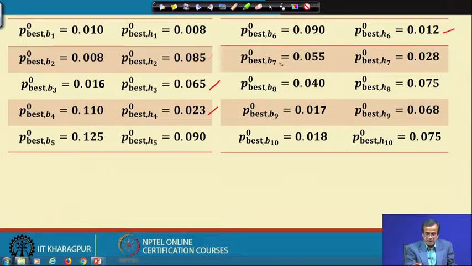Then comes Pbest,B7,0, Pbest,H7,0, Pbest,B8,0, Pbest,H8,0, Pbest,B9,0, Pbest,H9,0, then Pbest,B10,0 and Pbest,H10,0. That means whatever random values we assigned in the first iteration, we now assign as the best values for each of these design variables, and that is why we can assign the personal best for each design variable corresponding to the first iteration.